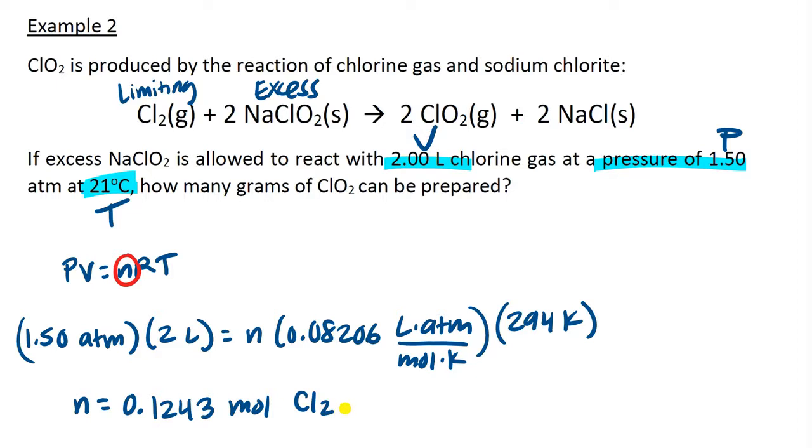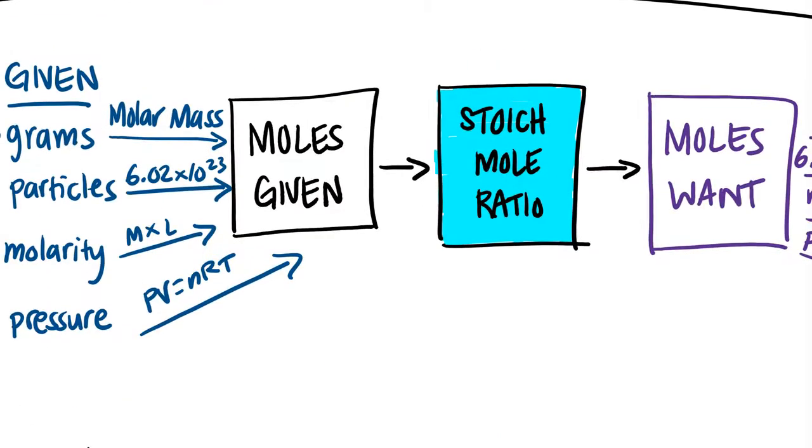And since I know that this is the limiting reactant, I just gotta now take this starting value of our limiting reactant and convert it over to grams of the ClO2. They're asking me to solve for the mass of ClO2. So if we're looking at our roadmap, we have just completed this step here. We've converted to moles of the given.